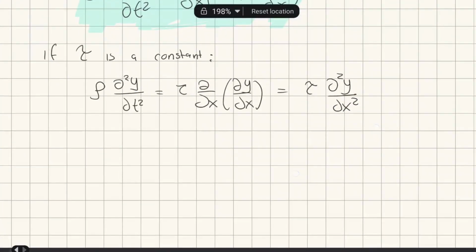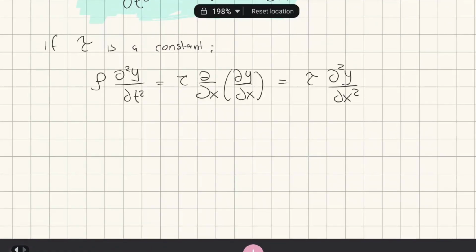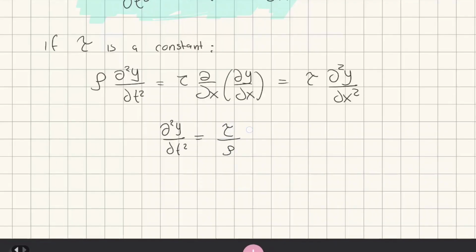So we see that we have the structure of a wave equation, which is not very surprising, because a guitar string moves like a wave, or can be represented with the wave equation. So we can say the next: the second derivative of y with respect to time is equal to tau divided by rho times the second derivative of y with respect to x.